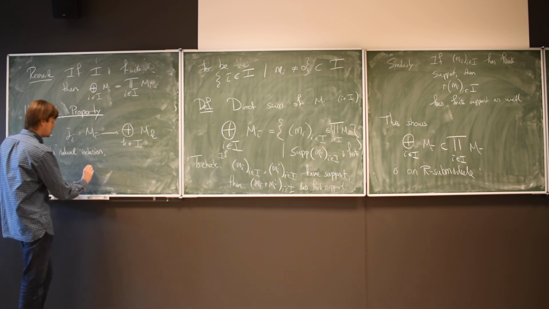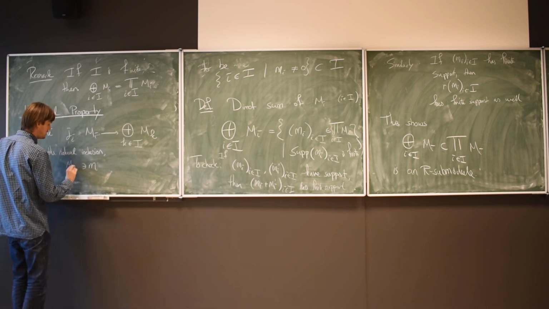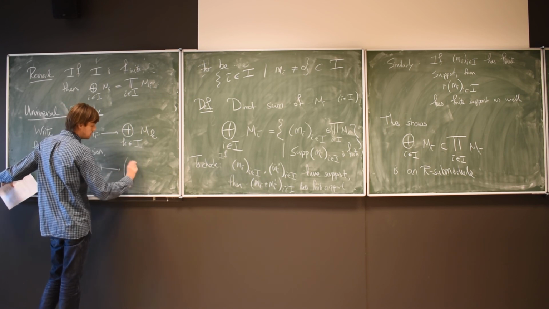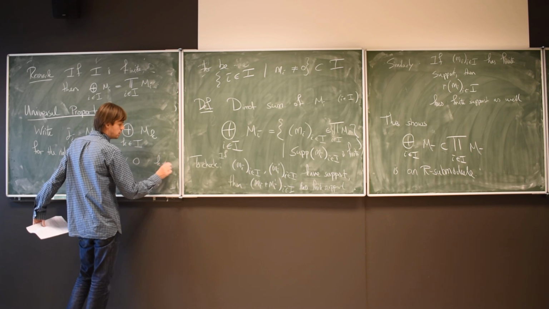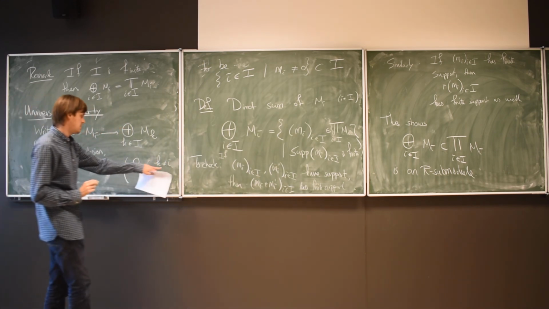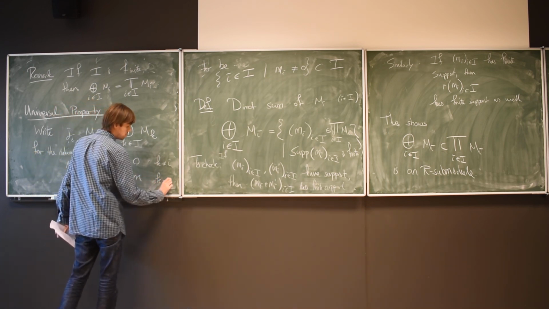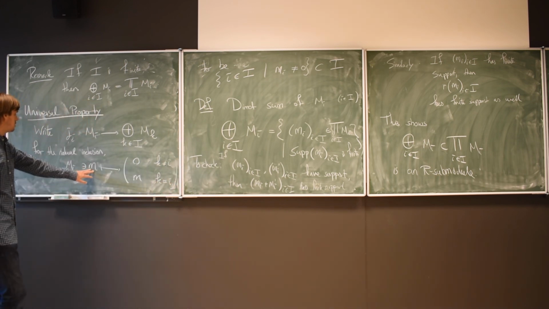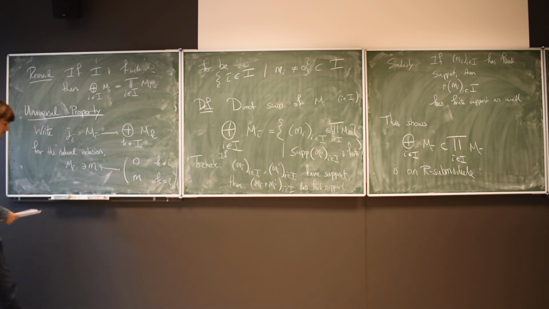That's just a map that sends an element m in Mi to the tuple which is 0 for all coordinates that are not i, and at the coordinate i I put m. In this way I can make a map from Mi into the direct sum. This is an injective map.